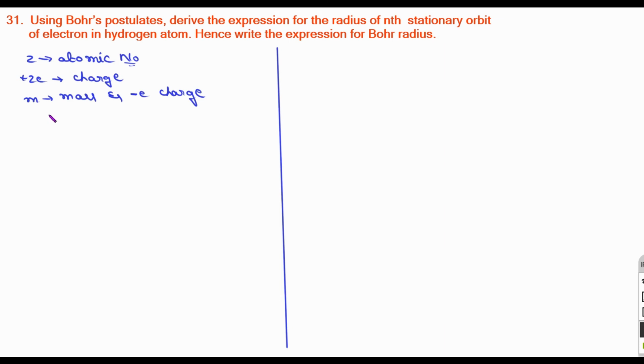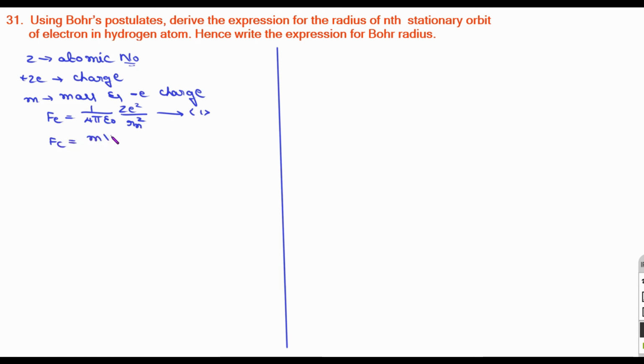Using Coulomb's law, the force acting between the nucleus and the electron, electrostatic force Fe, is given by 1 divided by 4 pi epsilon naught Ze square divided by Rn square. Rn is the radius of the nth orbit. So this is equation 1. Next, this electrostatic force provides necessary centripetal force.